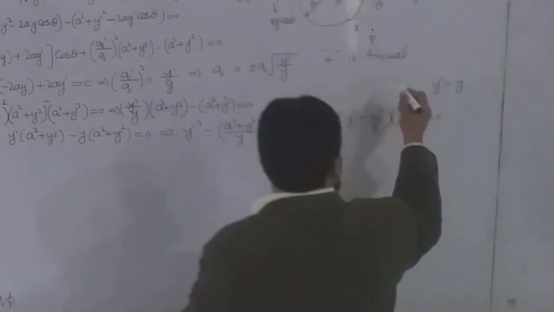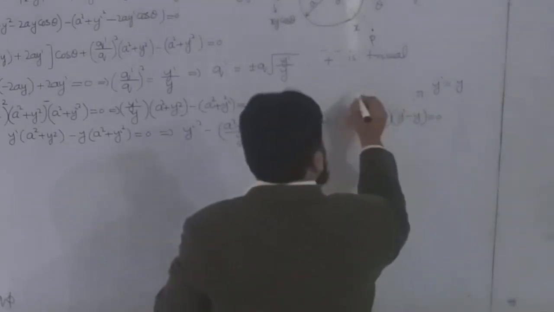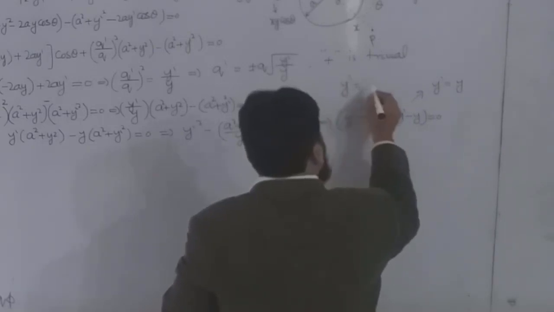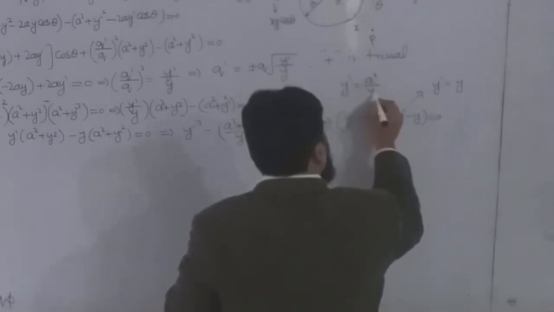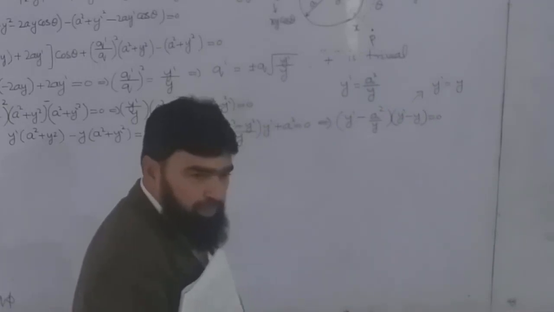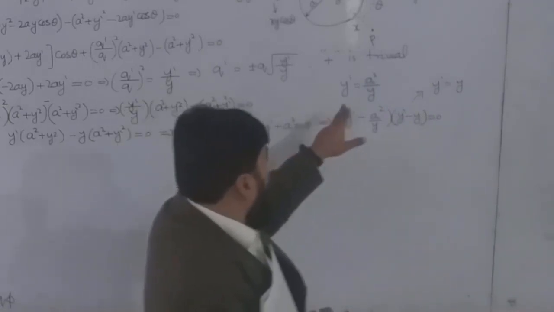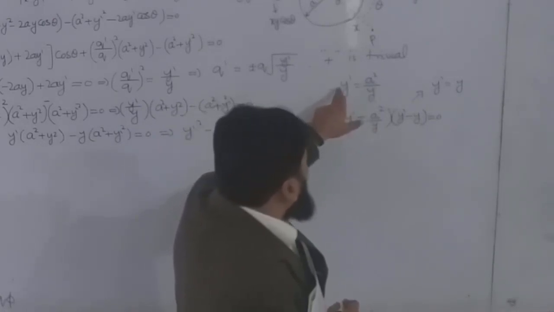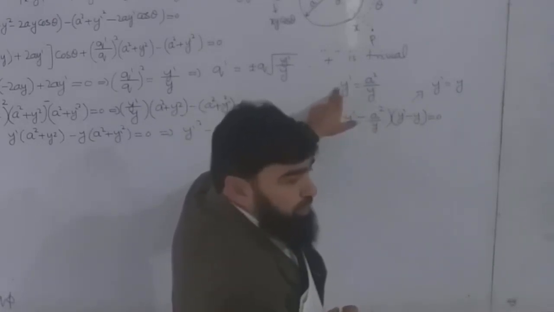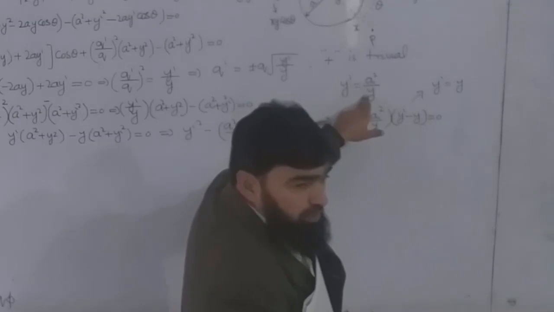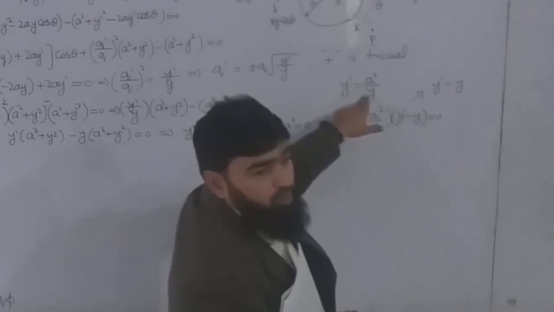What about this one? This one is telling you that y prime is equal to a square over y. Now this result is interesting in the sense that I found y prime value in terms of y. This was my requirement.